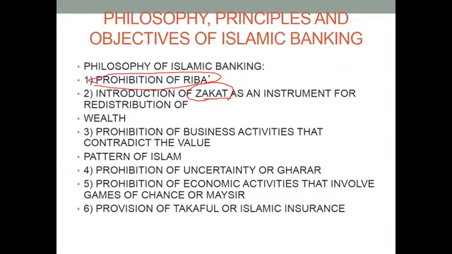So there is a redistribution of wealth from the haves to the have-nots, from the rich to the poor, right? So the 8 categories of asnaf that are mentioned in the Quran are fakir, miskin, amil, mu'allaf, fi sabilillah, ar-riqab, ibn sabil, and one more is people who are in debt, right?